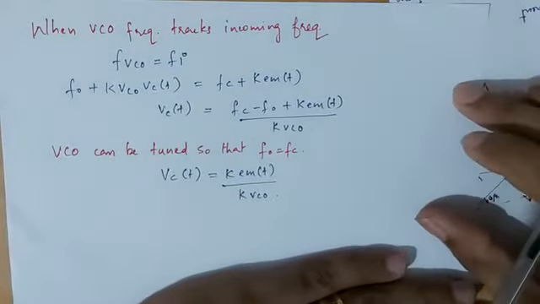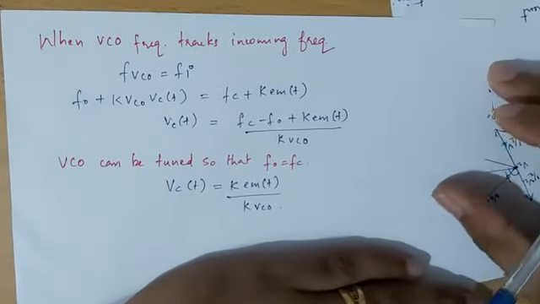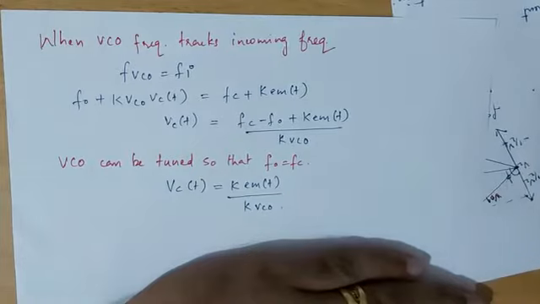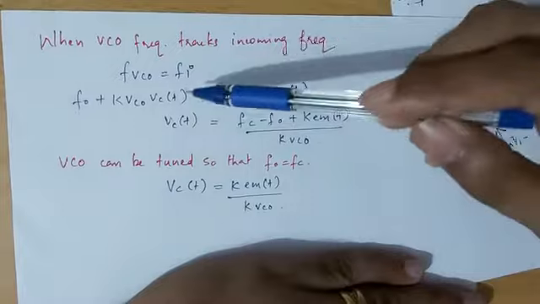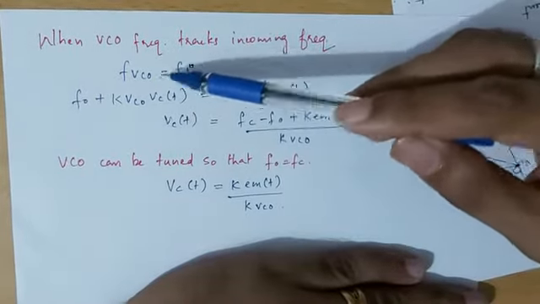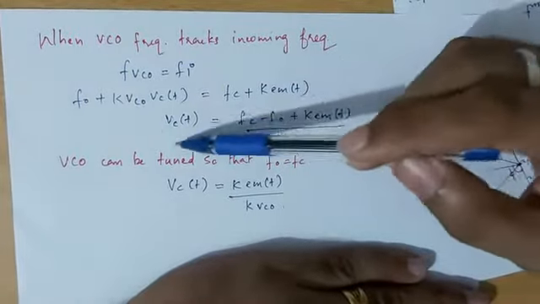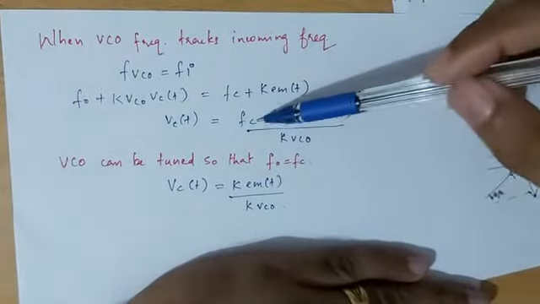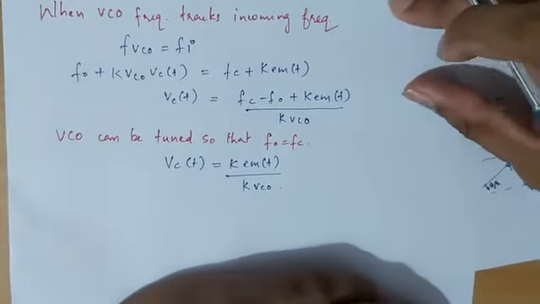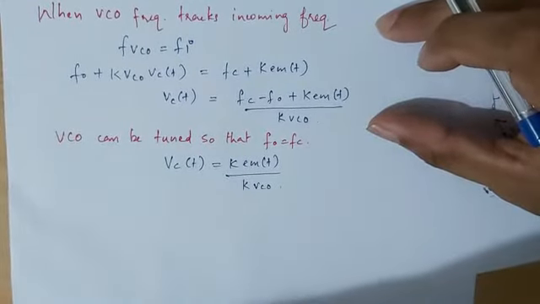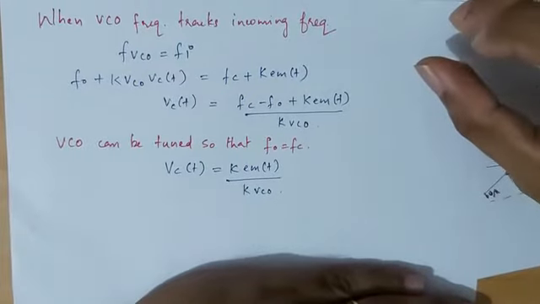So here let's check these conditions. The first one is when the VCO frequency, f VCO, tracks the incoming frequency. We have written those expressions in the previous section. Whenever f VCO is equal to Fi, we can write this expression, and we get the control voltage v VCO of t as Fc minus F0 plus K into em of t, divided by K VCO. And we can make the free running frequency of the VCO equal to Fc.